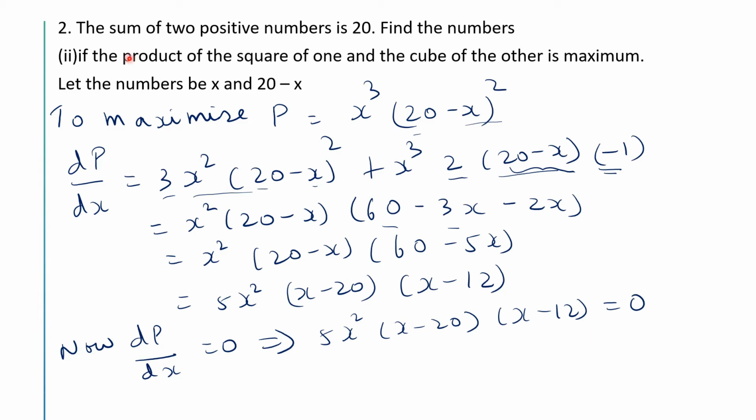Here it is given the sum of two positive numbers. It is not given non-negative numbers. So we cannot take x as 0. If we take x as 20, then the other number will be 0. So the only possibility is x is equal to 12. Therefore, x is equal to 12.